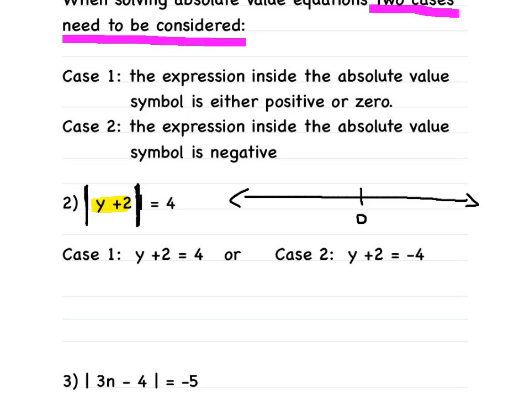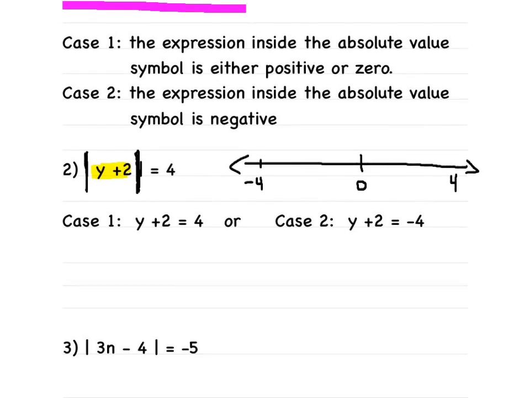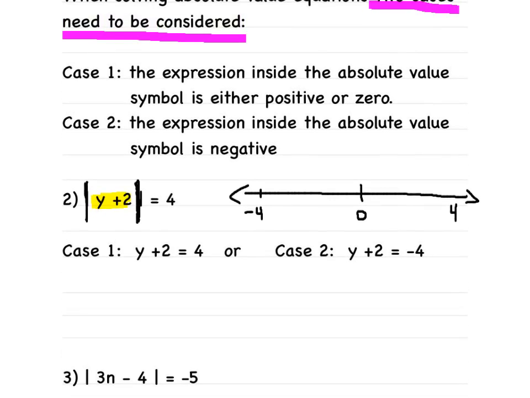There are 2 numbers on our number line that are 4 units away from 0, and that would be positive 4 and negative 4. So because there are 2 possible values for the expression y plus 2, we set up 2 separate equations. So case number 1, y plus 2 equals positive 4, or case number 2, y plus 2 equals negative 4, and we will solve for both.